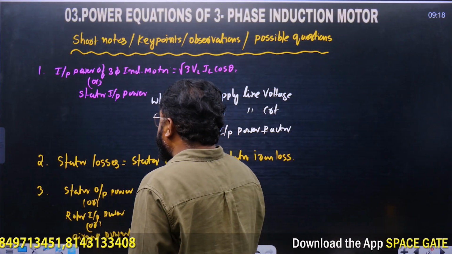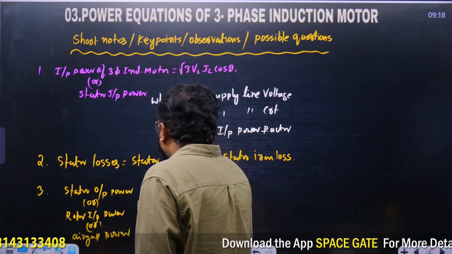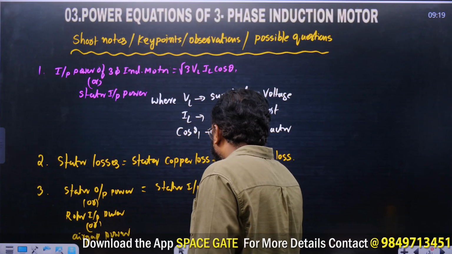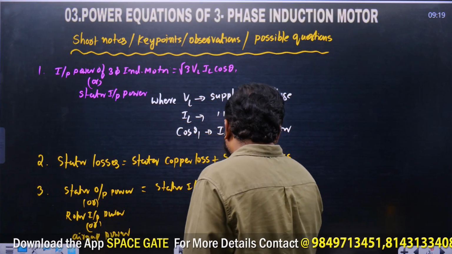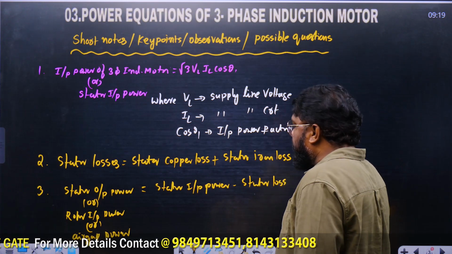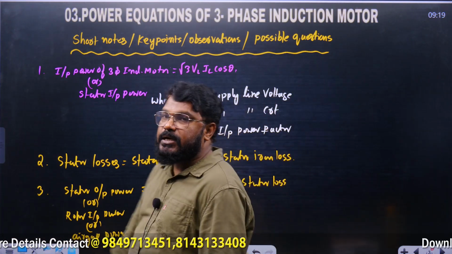Stator output power is equal to the stator input power minus the stator losses.